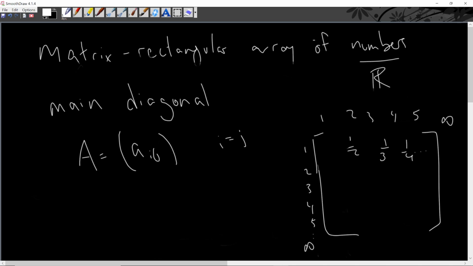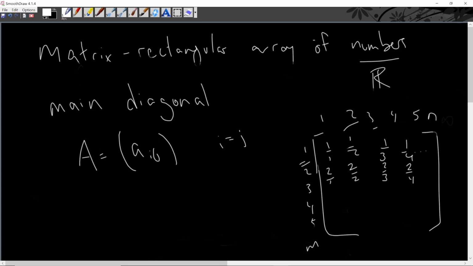So if you define the set of rational numbers as a matrix of m by n rows, where each element a_ij is just i over j, or m over n, then we have 1 over 1, 1 over 2, 1 over 3, 1 over 4, and on, and then 2 over 1, 2 over 2, 2 over 3, 2 over 4, and on and on.